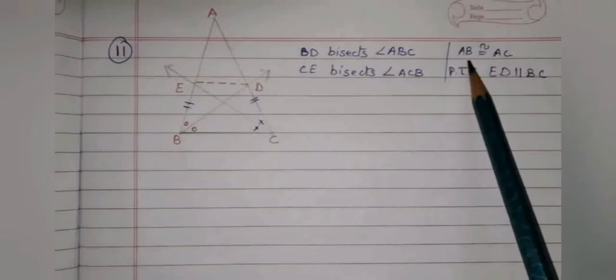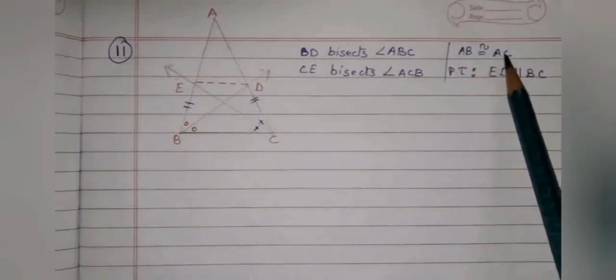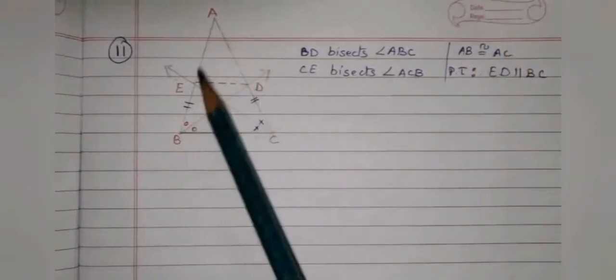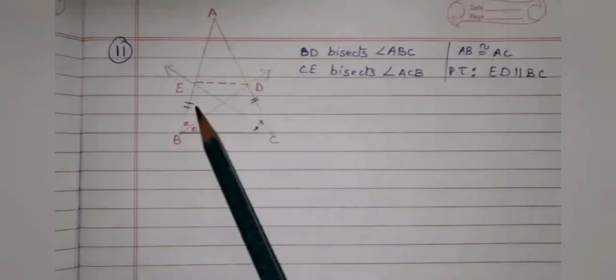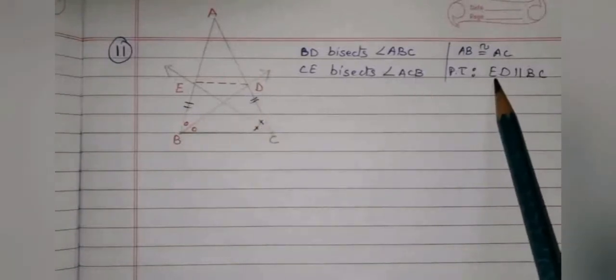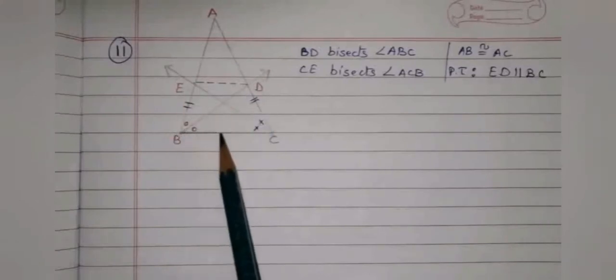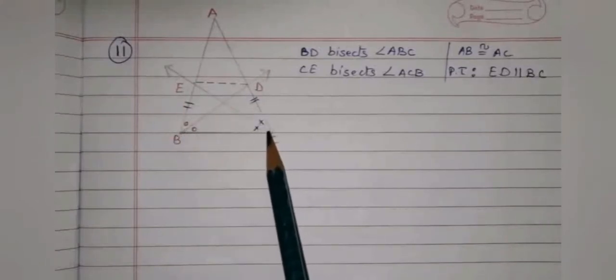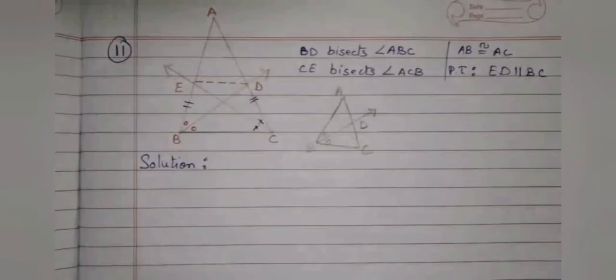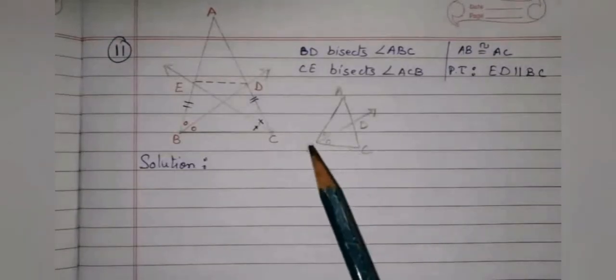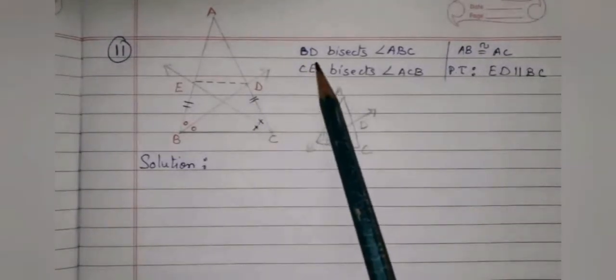Given one more thing, AB congruent to AC. These two segments are congruent. Now we have to prove ED parallel to BC. So let's see the solution. First we will consider only the first part.